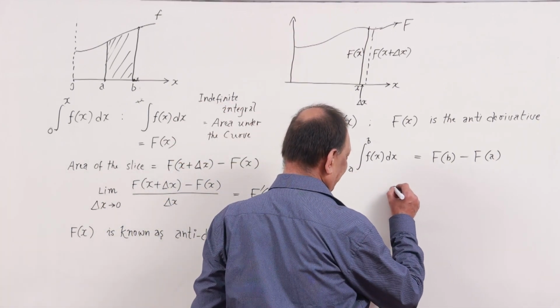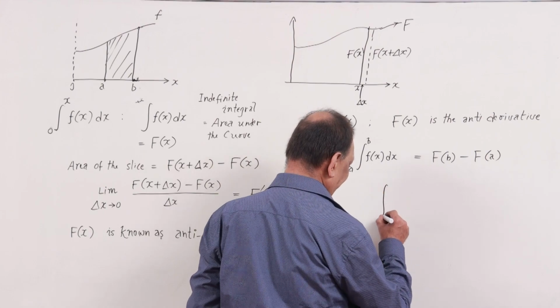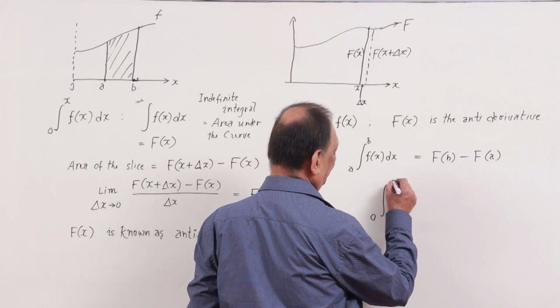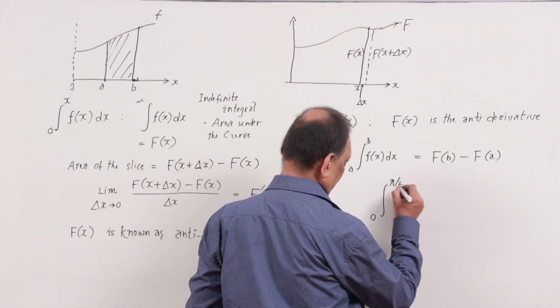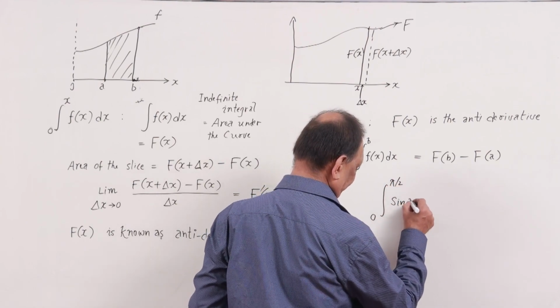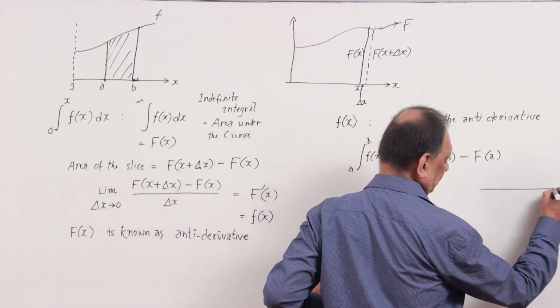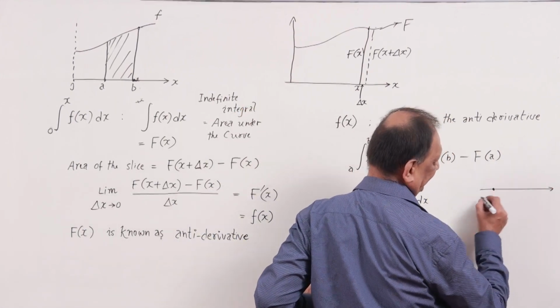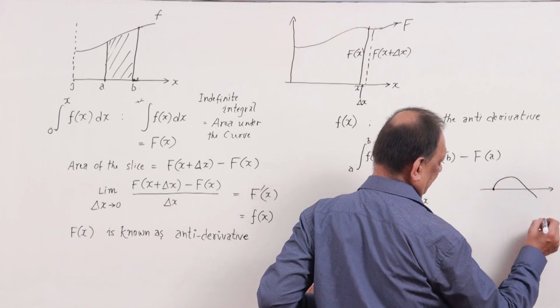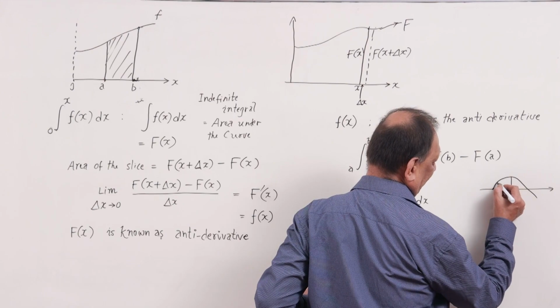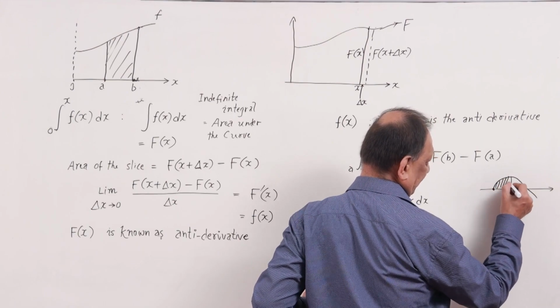Supposing I want to find the integral from 0 to pi by 2 of sin x dx. That means we have a sine curve. What is the sine curve? It is 0 at 0 and at pi by 2 it is 1. Correct?